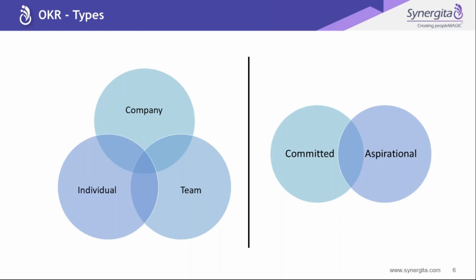Committed OKR, for example, takes last year's targets as the basis. From there, let us say, take for example a 10 to 20% hike in the overall target. If we do that, it becomes a committed one. This is just an example.